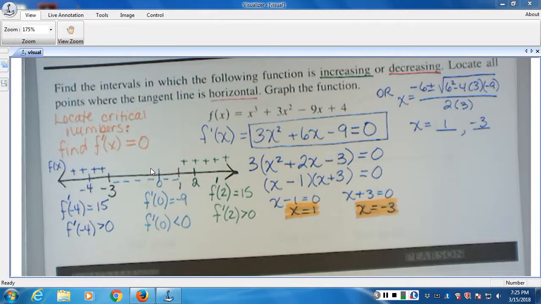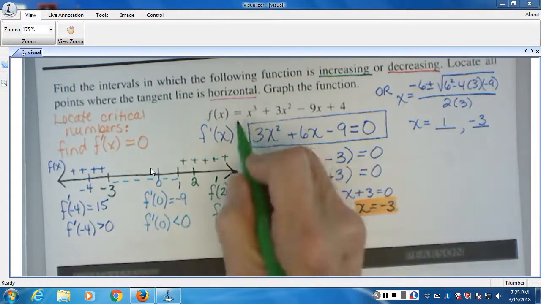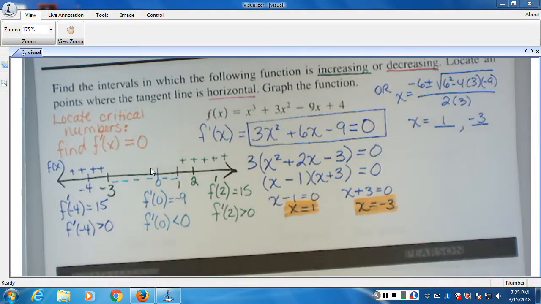Now the last part that I need to do is graph this function. In order to graph the function, I know a few things. I know that because I used 0 here, I can quickly find its y-intercept. This is the function itself.